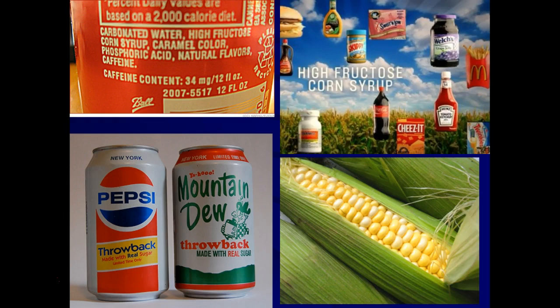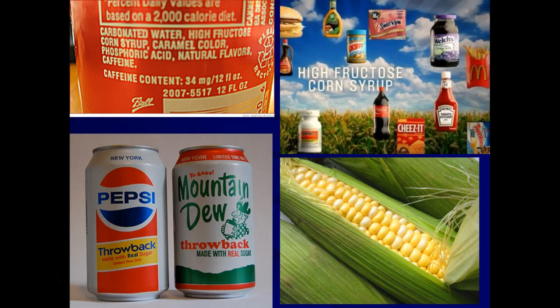People are nostalgic for the time when it had real sugar in it, when it had real sucrose in it. So nowadays you can find versions of Pepsis and Cokes, and here's a Mountain Dew and Dr. Peppers that have real sugar. Now our last monosaccharide is an interesting one.